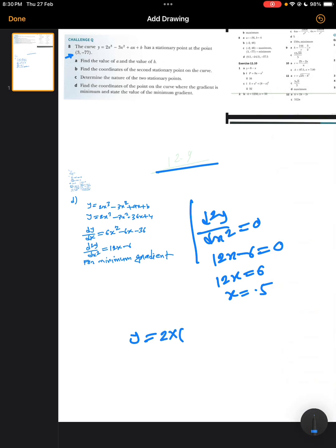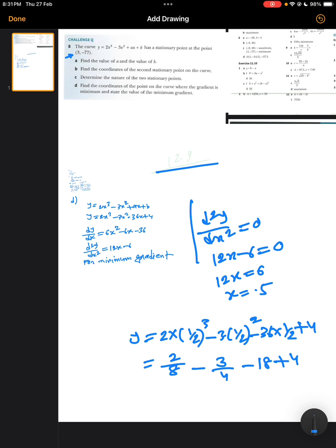Okay, 2 times 0.5 cubed, then 3 times (1/2) squared, minus 36 times 1/2, plus 4. 2 over 8, 3 over 4, minus 18, plus 4.